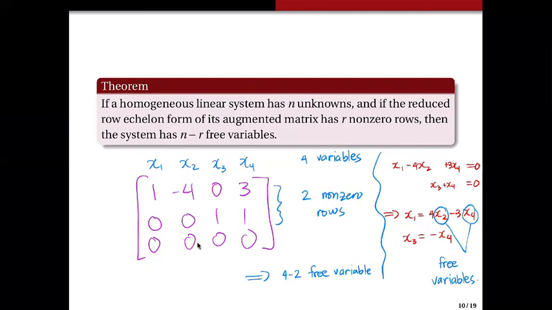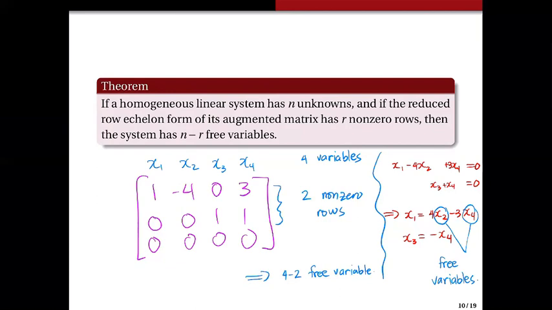You have the reduced row echelon form. You have 4 variables. You have 2 non-zero rows. So 4 minus 2, 2 free variables. Let's have another example.